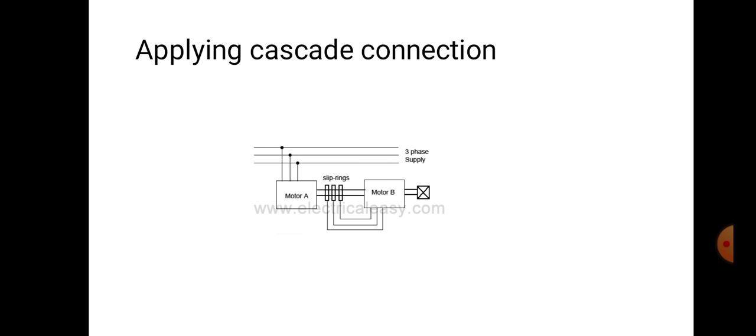cascade connection method. In this cascade connection, the diagram is shown in the figure. First, there is the three-phase supply, then motor A, motor B, slip rings, the connection between the slip rings and motor B, and then finally the frequency EMF. Now, let us discuss briefly.